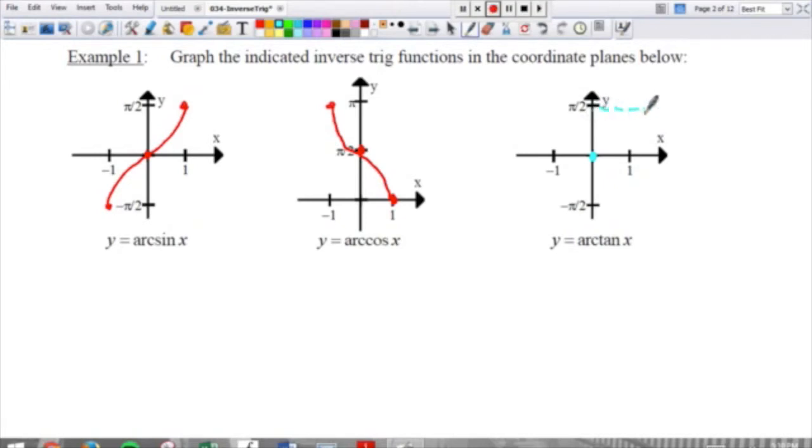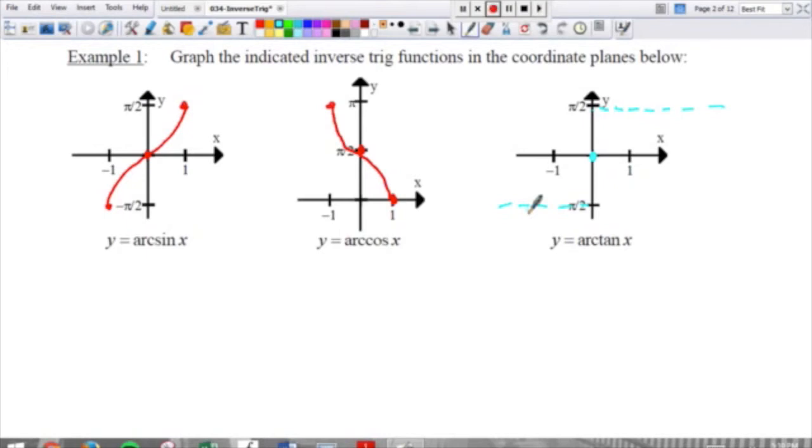The tan function has a vertical asymptote, so the arctan function has a horizontal asymptote. The tan function has a vertical asymptote at the x values pi over 2 and negative pi over 2, so the arctan function will have a horizontal asymptote at pi over 2 and negative pi over 2.